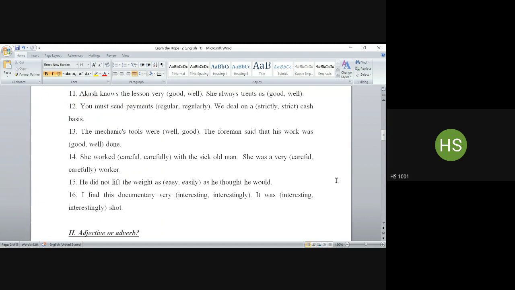Okay. And in this case, as I was explaining, there is also something called language usage. You don't say the tools were well, right? That's not about sentence construction, but about how the language is used. That's precisely the difference that I'm drawing.